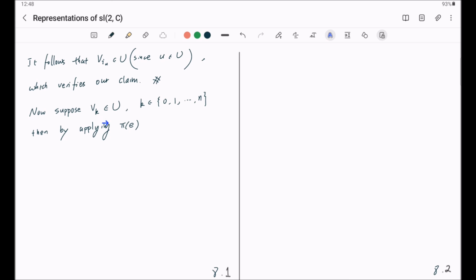for k times. Now recall our formula, our definition for pi of e. Pi of e applied to v_i is defined to be this scalar multiple of v_{i minus 1}.